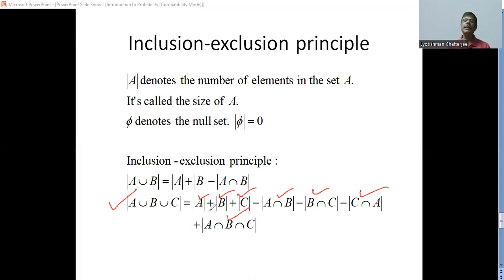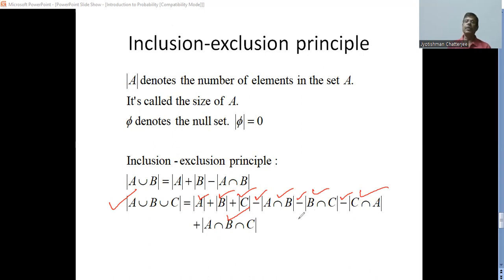Now, when the single letter symbols are coming as size, they are all as plus. When there are symbols of 2 elements, that is AB, BC, or CA, their signs are negative. Observe this thing. Sign of AB is also negative, same as BC, same as CA.